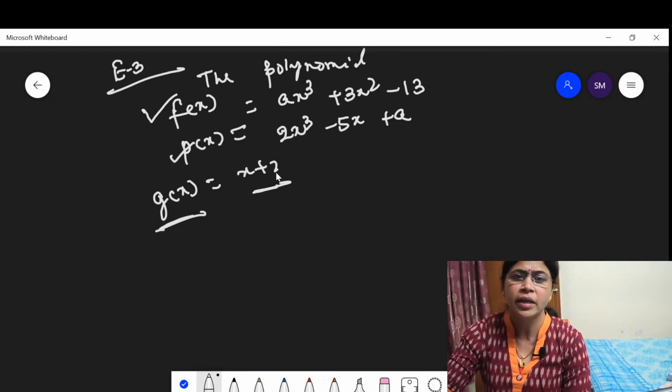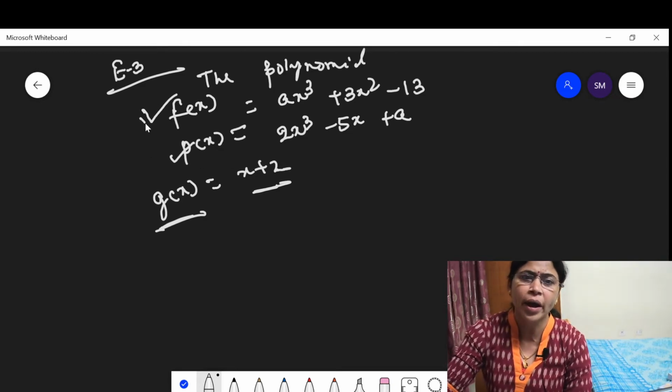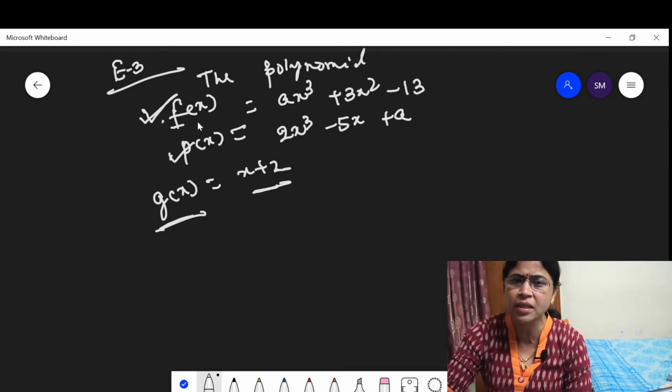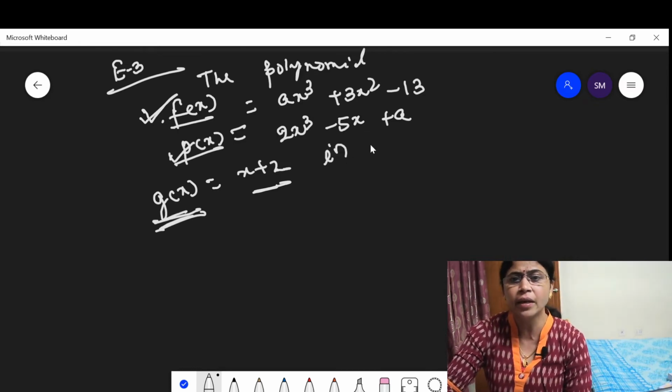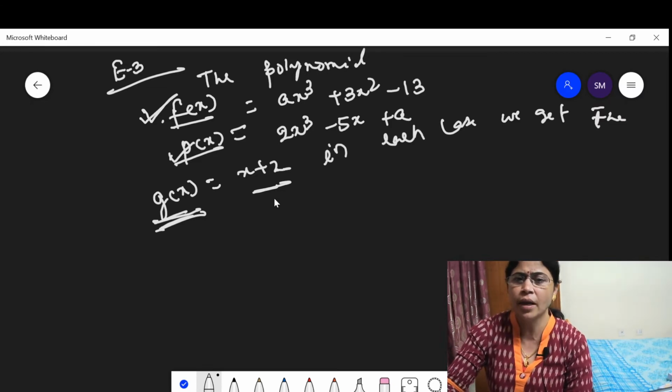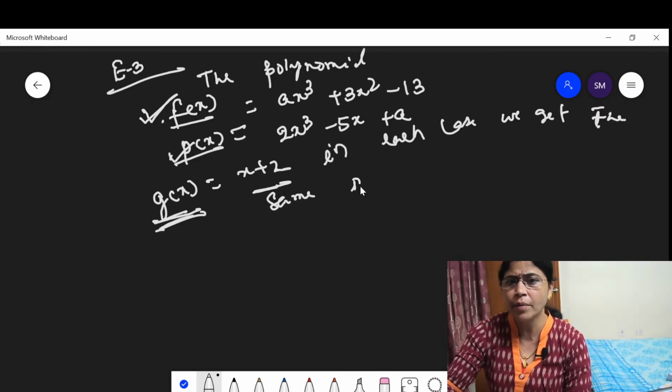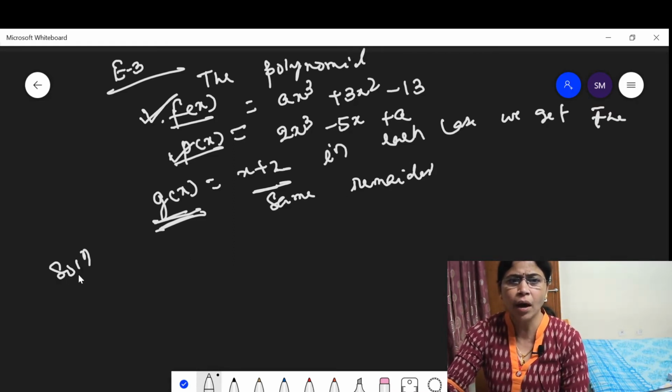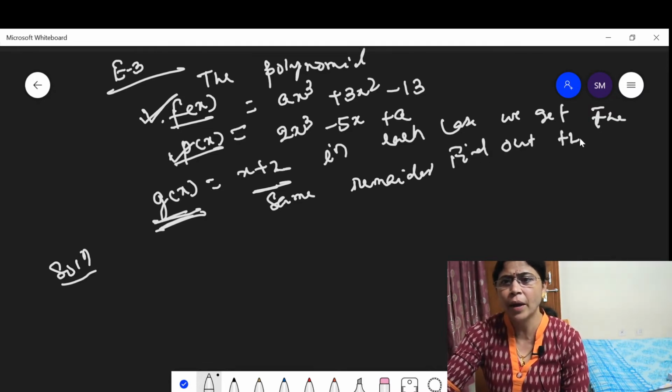Here the condition says that when f(x) and p(x) are divided by g(x), in each case we get the same remainder. The question says find the value of a.